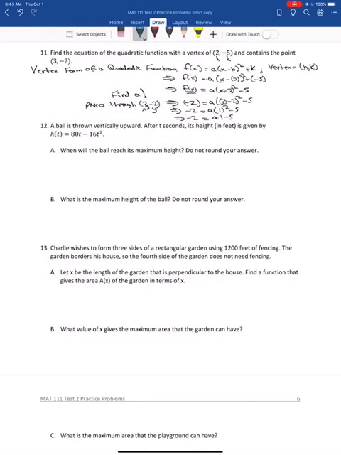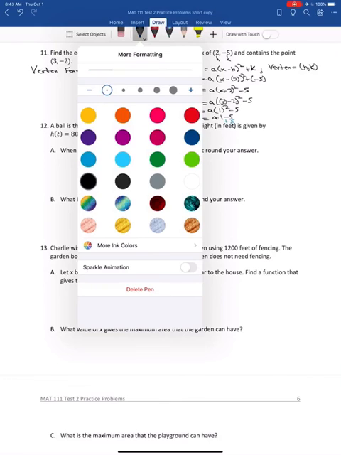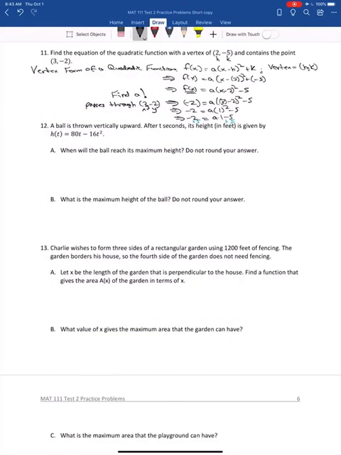We've got to get a by itself. So we'll go ahead and add that 5 over to the other side of the equation using the addition property of equality. And we've got 3 equal to a times 1, which is a. All right, so I found my value of a now. So there's a.